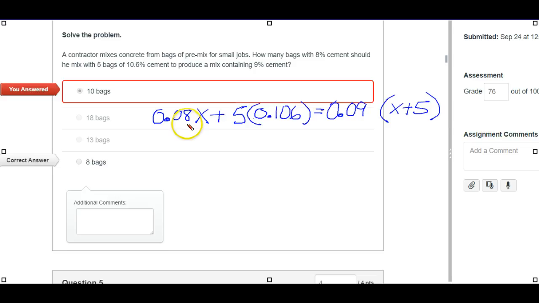Now, in reading this, we don't know how many bags of 8% that we have to mix with 5 bags of this percent to end up with bags altogether that are 9%. Now, to do this, I have to fiddle with it a little bit.